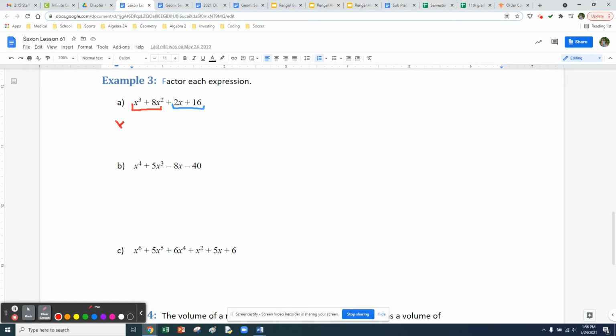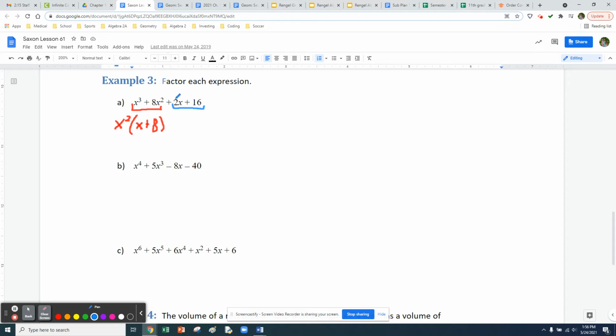So we factor out that x squared, and when I divide both terms by x squared, I get x plus 8.